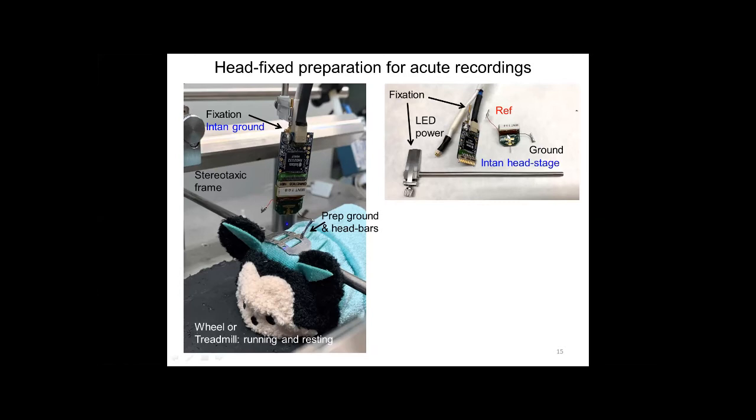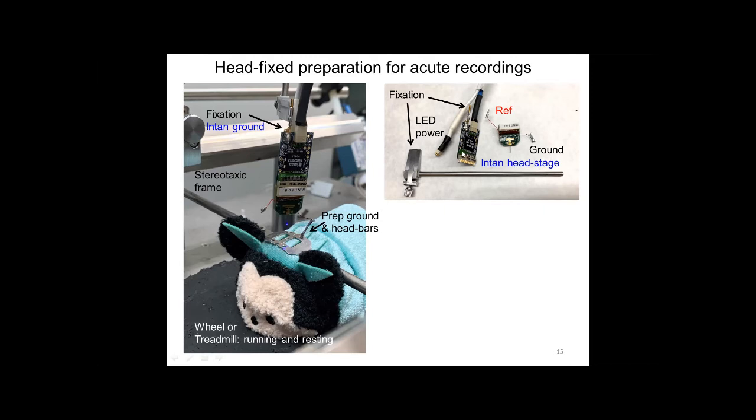Basically, the probe comes with 2 magnetic connectors. One magnetic connector allows you to plug the probe to the head stage for recording the electrophysiological signals. And in the back of the probe, you have another smaller connector for powering the LED. What we typically do is, well, you need to solder the probe for the acute preparation. You need to solder one connector for the ground and one connector for the reference.